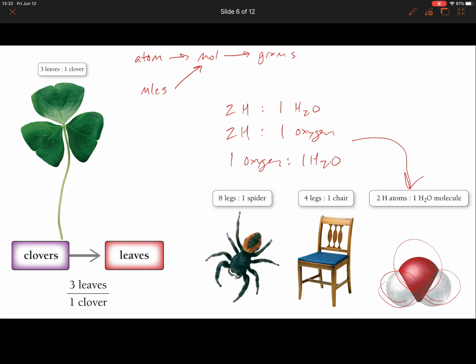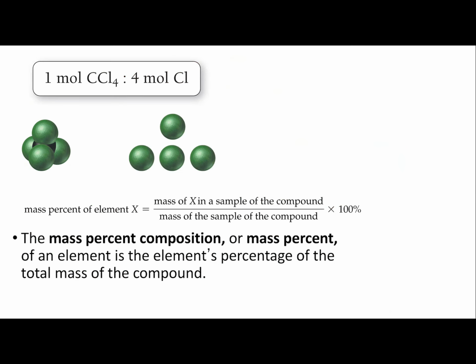Actually, there's another one. There are 3 atoms to every 1 molecule. So just like we can make up whatever true relationships we want, we can use these in calculations as well. So let's look at an example.